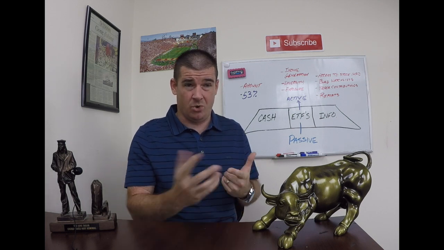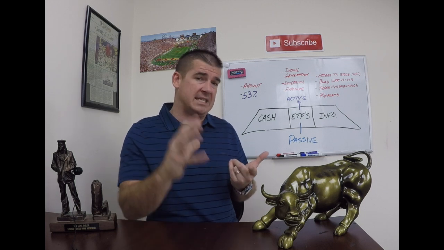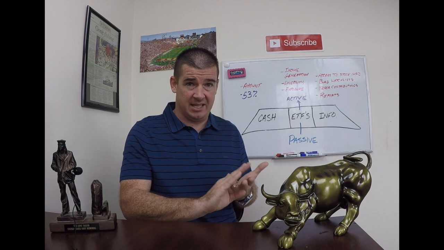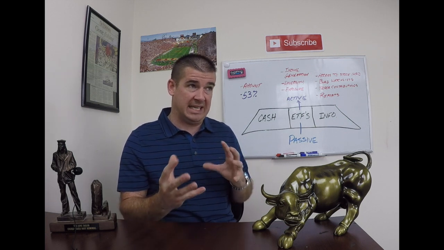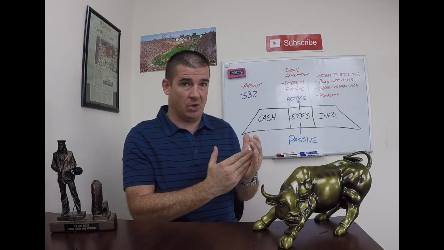And maybe add, if you don't have consumer staples, or let's say you've only got 5% in technology, maybe you want to trade and take some profits and add to that technology sector. And those reports allow you to get an extremely accurate snapshot of where you are within your portfolio, okay?